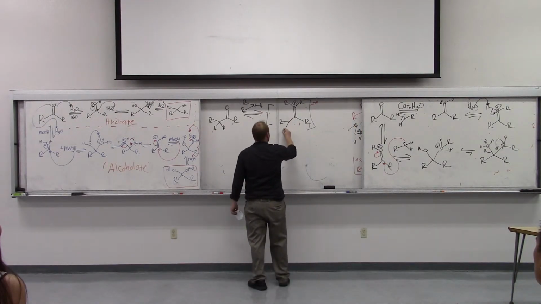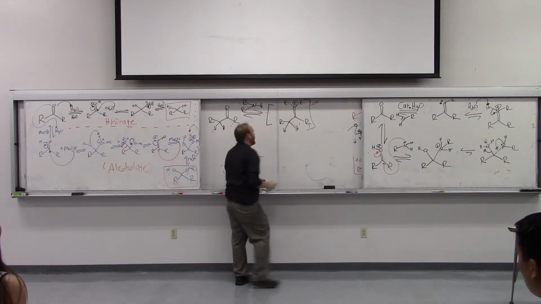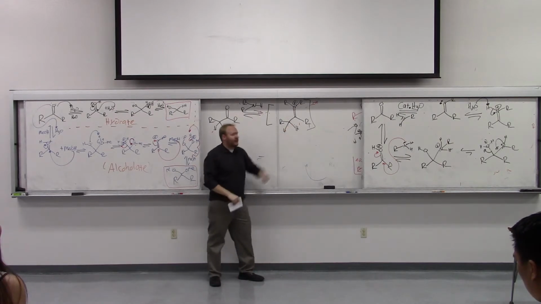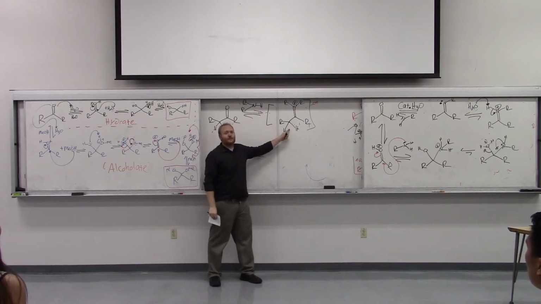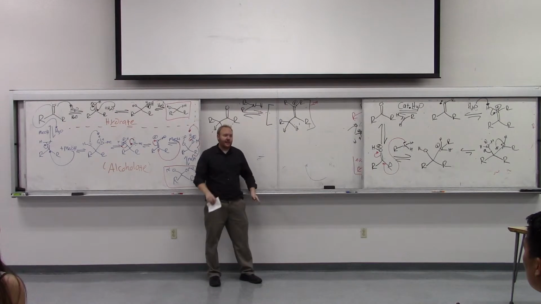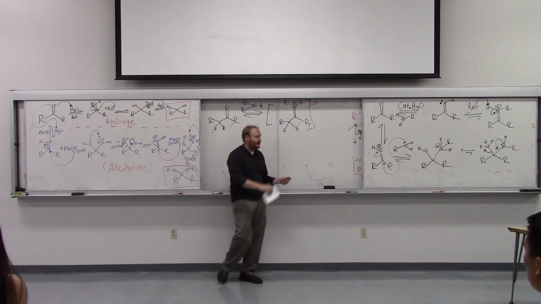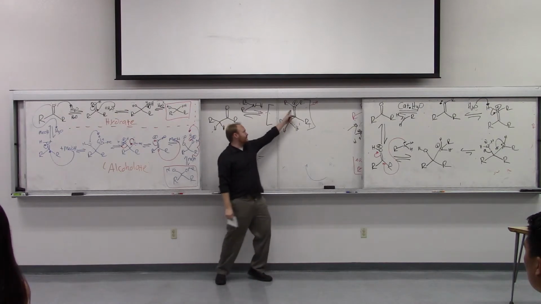What happens is if we have a hydrogen adjacent to the carbonyl, this becomes really acidic. The same reason in the Swern oxidation, the carbon hydrogens adjacent to the sulfur plus were acidic. This is the same thing because there's a positive charge here.